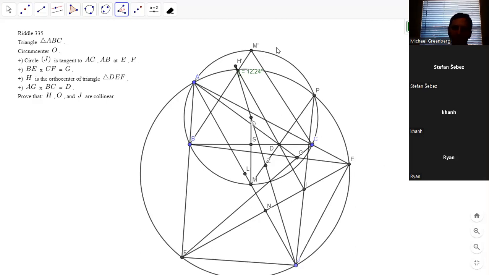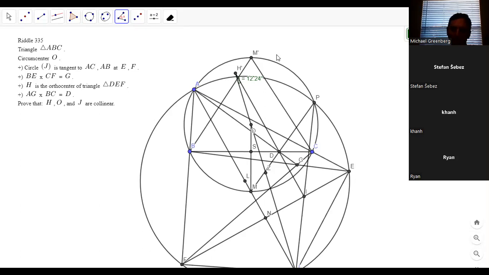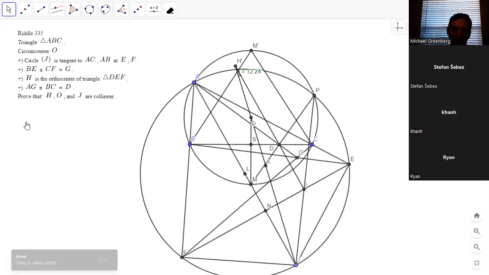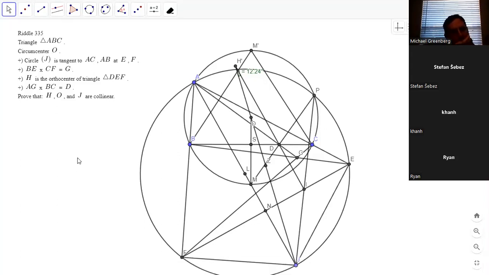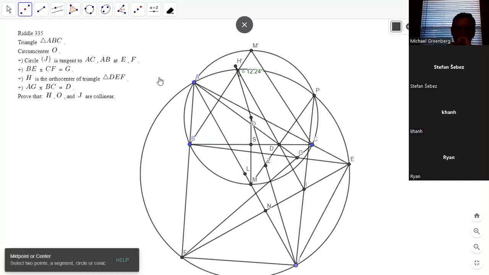Let's see. Moving points. What if we draw this midpoint?